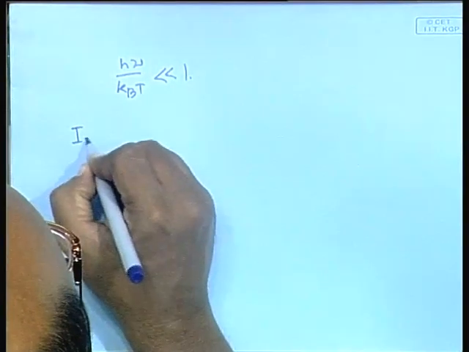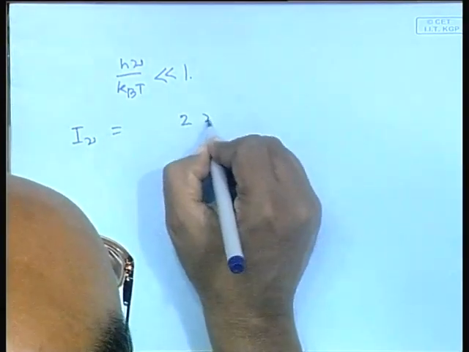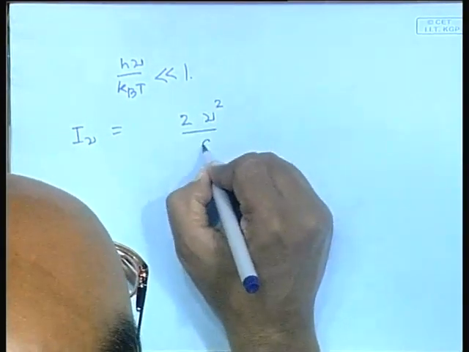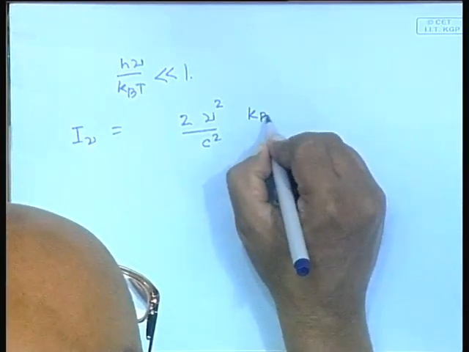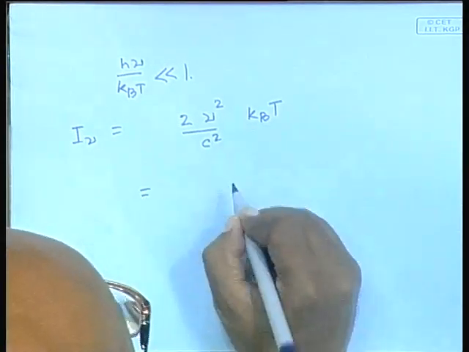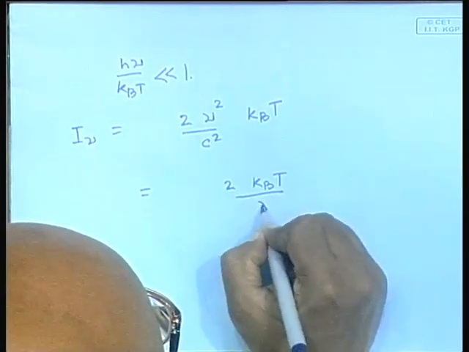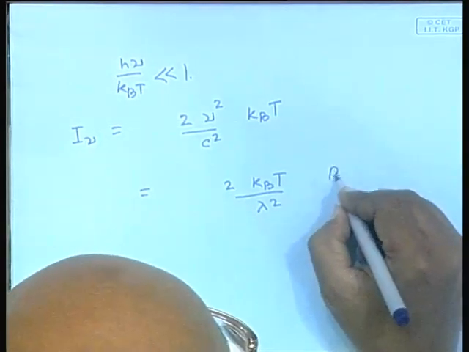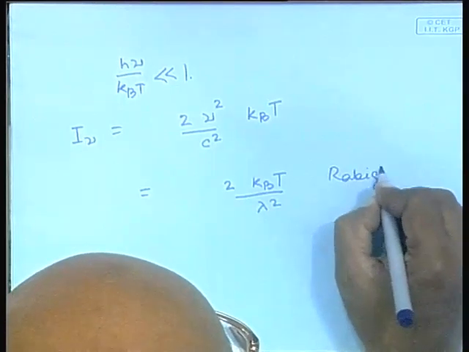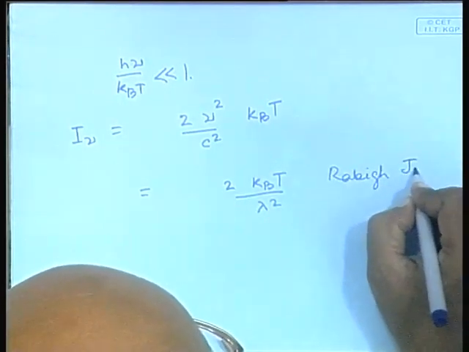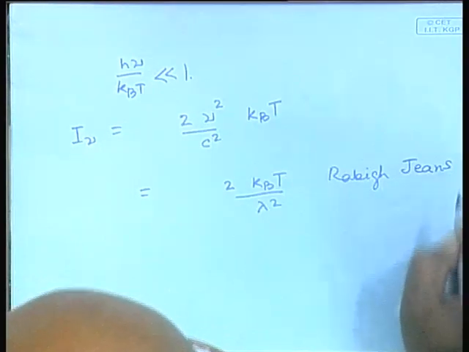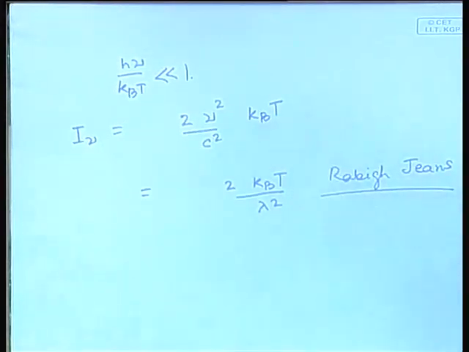So, the specific intensity then becomes 2 nu square by c square times kBT, which can also be written as 2 kBT by lambda square. This is the Rayleigh-Jeans limit of the specific intensity of black body radiation.